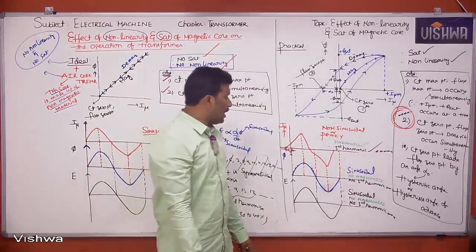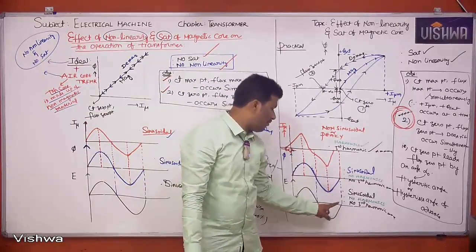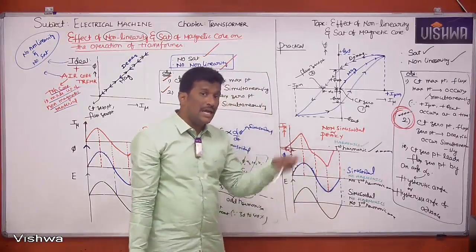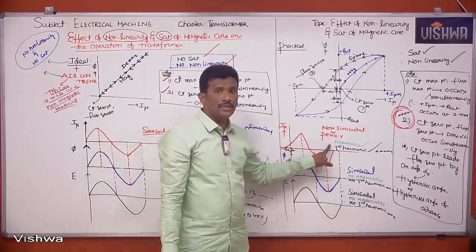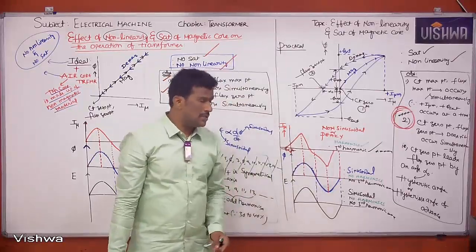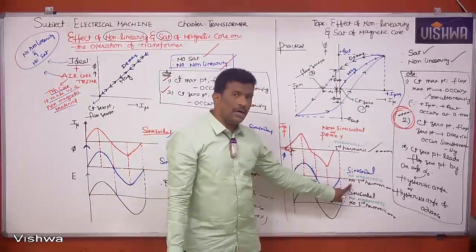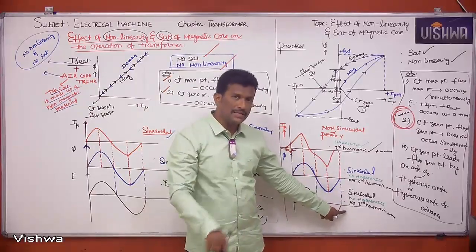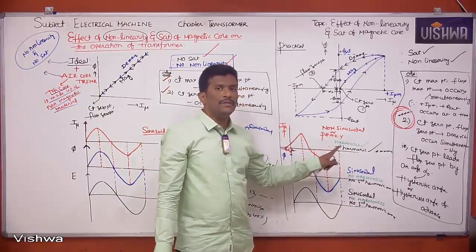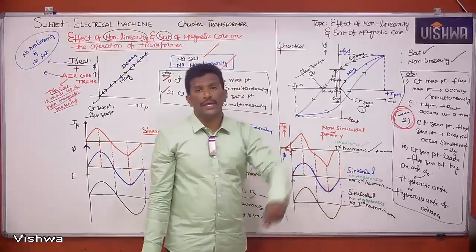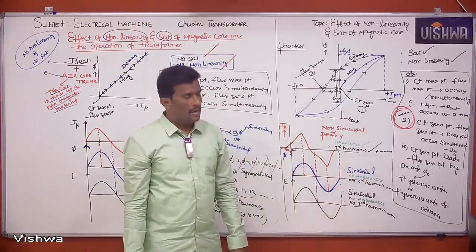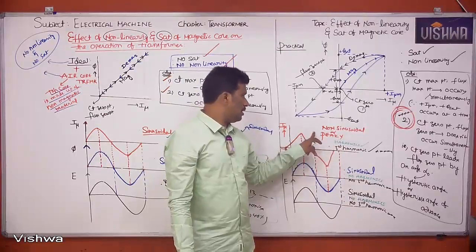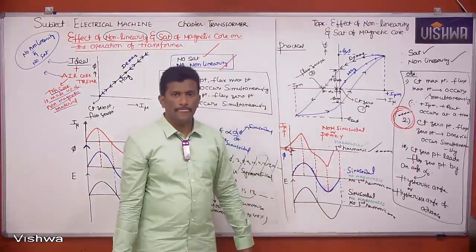If the third harmonic is not there in the flux and EMF waveforms, the third harmonic is there in the IMU waveform. Suppose a reverse example: if the third harmonic is there in the flux and EMF waveform, then in the IMU waveform the third harmonic will not be there. Is it clear? If it is not here, it will be here. That's a simple logic.